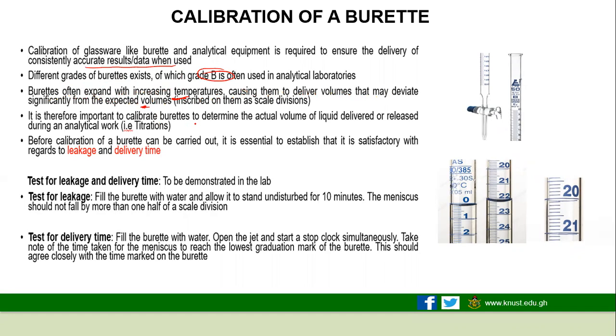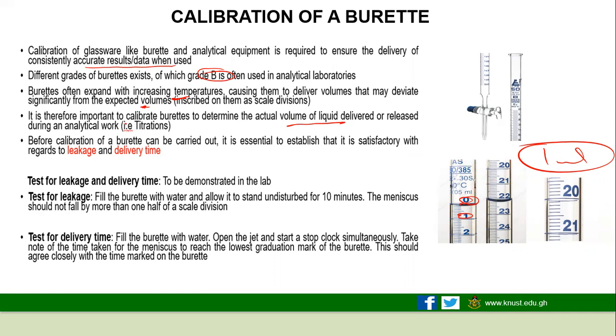That is why we have to calibrate, to make sure that the volumes we are getting are what has been stated. It is therefore important to calibrate the burette to determine the actual volume of the liquid. So the fact that we have moved it from 0 to 1 doesn't mean it has delivered 1 ml.